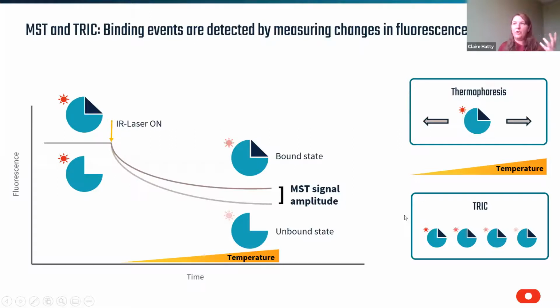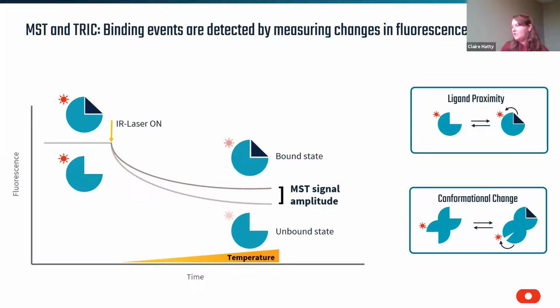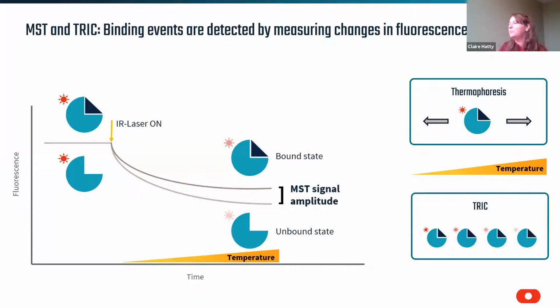The fluorescent probe itself will undergo a fluorescence change in response to a change in temperature. While MST measured with the Monolith takes in both of these components because it's measured in capillaries, it includes the thermophoresis component. Whereas with the Dianthus, we're just measuring the TRIC component because this is measured in 384-well plates. Because it's measured in microwells, it's only the TRIC component of the signal that we're looking at. That's the distinction between the two.